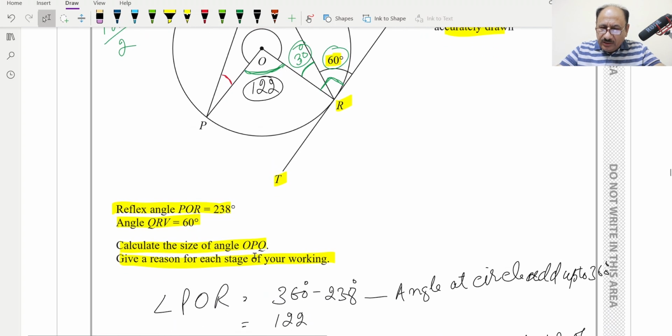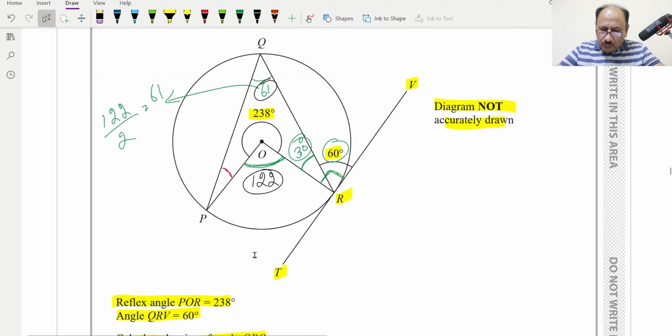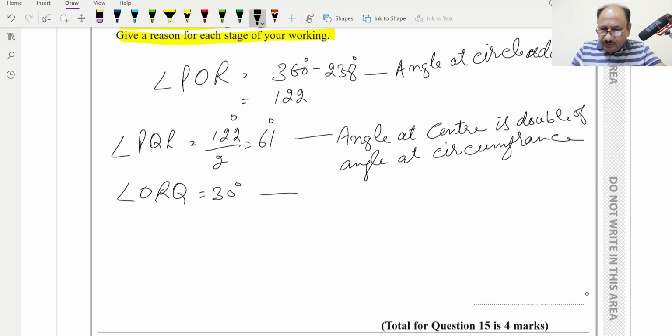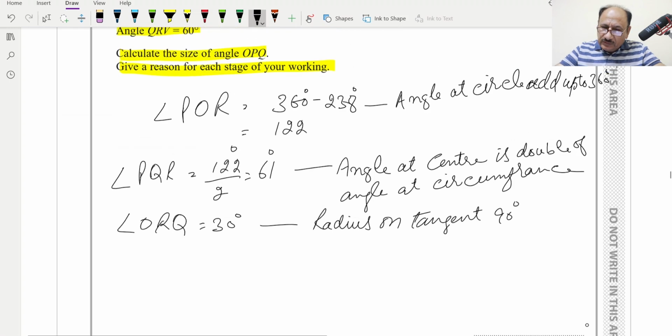So we can write angle ORQ is equal to 30 degrees, and the reason will be radius is perpendicular to tangent, 90 degrees. So this is done.